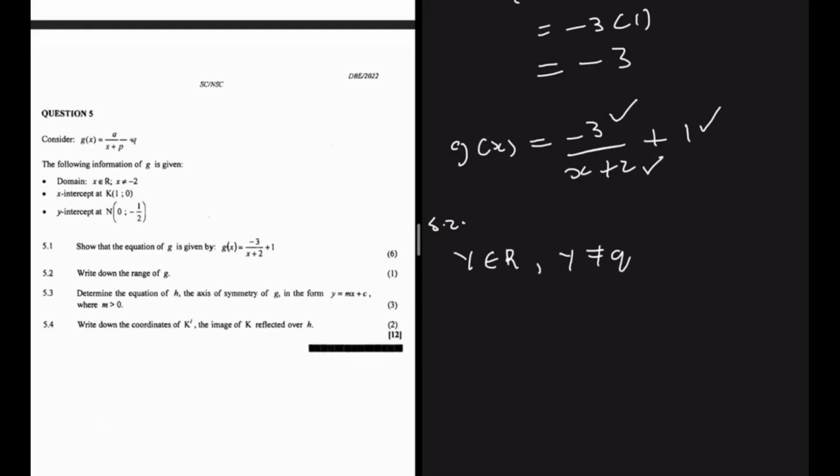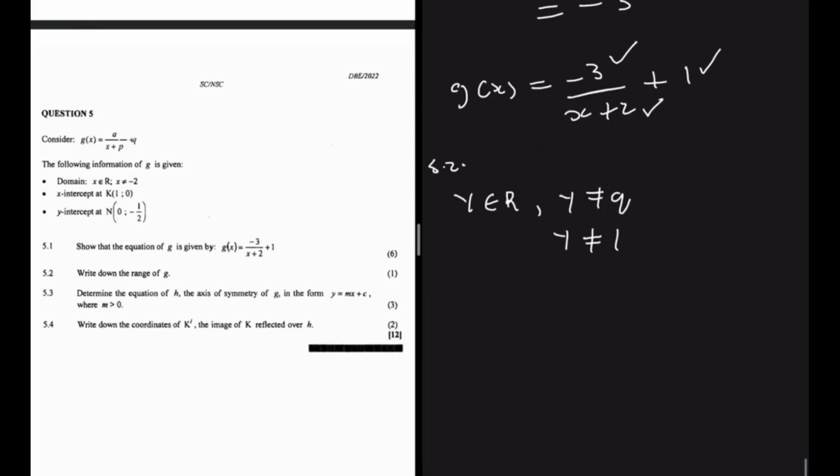Q being 1 in this instance, so y cannot be equal to 1, right? Because for y to be equal to 1, we need x to be equal to minus 2. And if x is equal to minus 2, then our equation is undefined, because you cannot divide any number by 0.